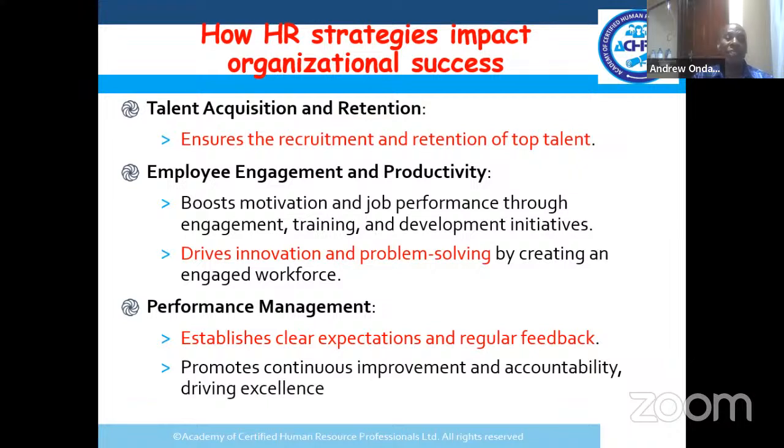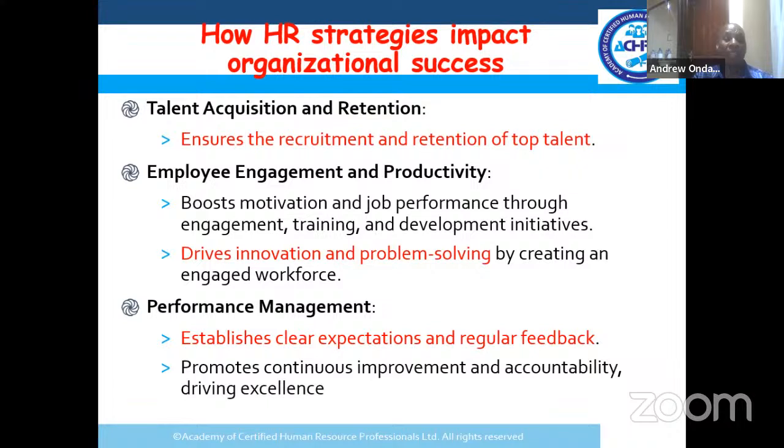The other strategy is performance management, where we are looking at this strategy against the organizational success. It is expected that in performance management, we develop clear expectations and provide feedback to our employees on a regular basis. These expectations relate to the outcomes that employees are likely to produce over a period of time.